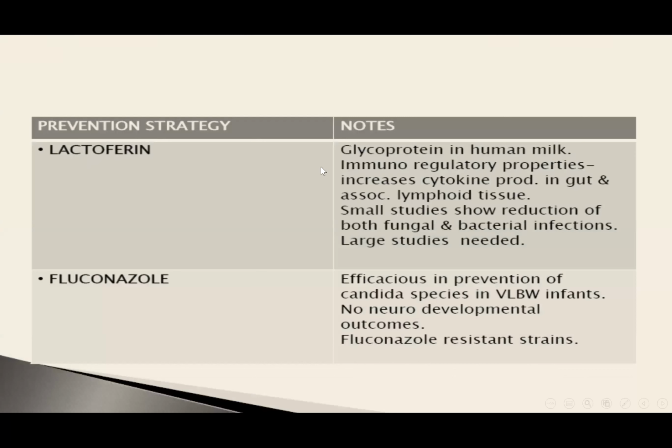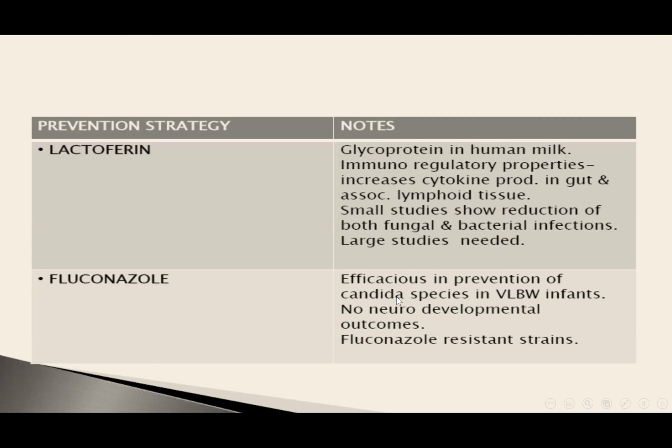Of course, lactoferrin, okay, it is a glycoprotein of human milk. It will increase cytokine production in the gut and associated lymphoid tissue. A small study saw reduction in both fungal and bacterial infection, but we need larger studies. What is fluconazole? Yes, antifungal, very important.